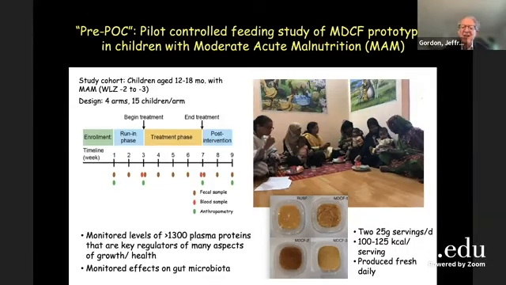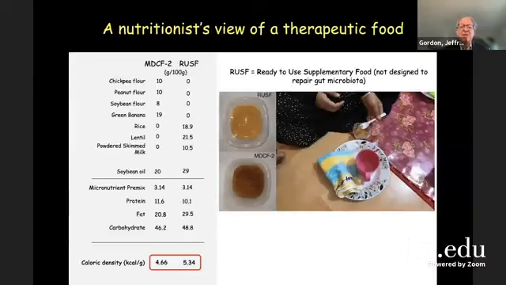A lead MDCF emerged from such a study, and this is a nutritionalist view of what such a formulation looks like. The 4 complementary food ingredients in this MDCF, which we'll call MDCF2, were chickpea flour, peanut flour, soybean flour, and green banana.